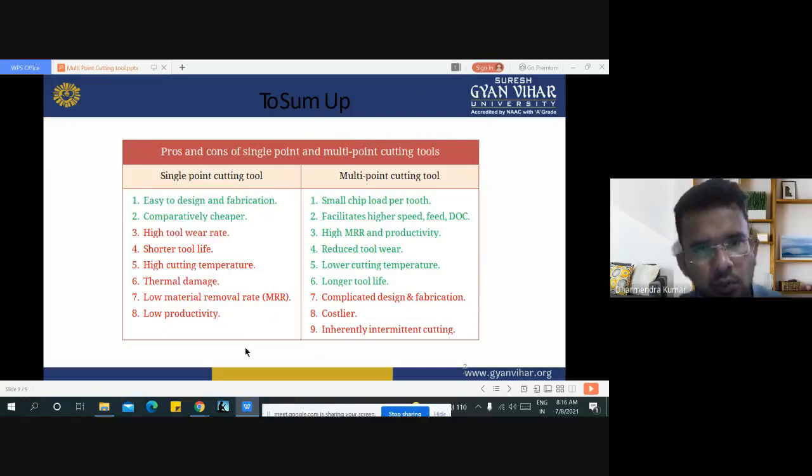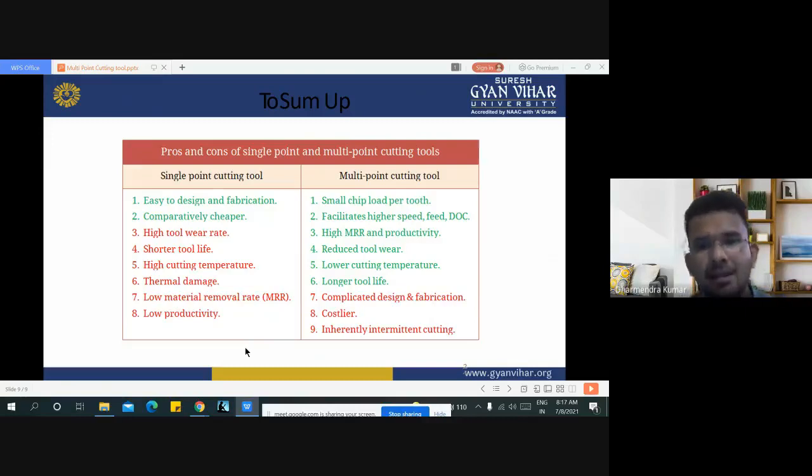A single point cutting tool has a high tool wear rate because there is one and only one cutting edge, and the multi-point cutting tool gives a high material removal rate, MRR, and productivity.